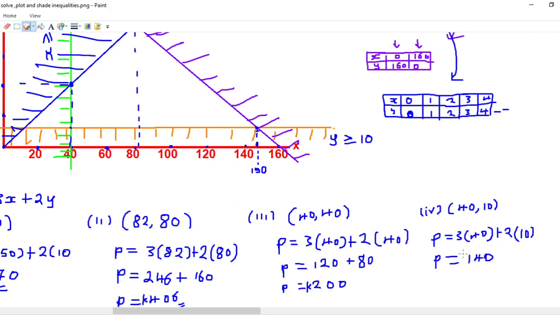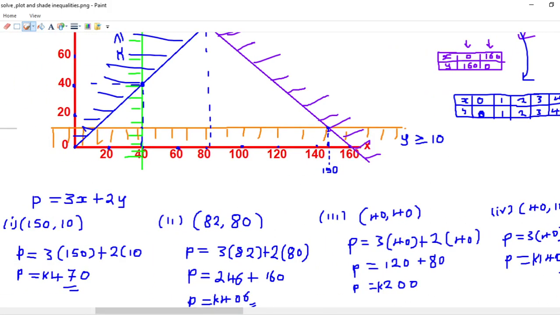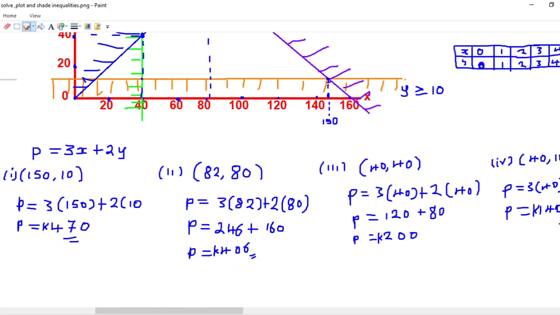I'm sure you have already seen which number of Hungarian sausages and beef sausages will give you the maximum profit, and we can see that it's only when we make 150 Hungarian sausages and 10 beef sausages that we are going to have the maximum profit.